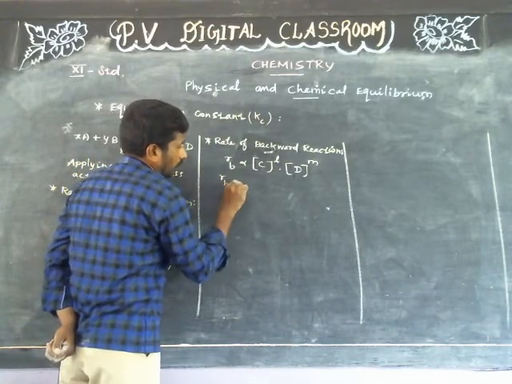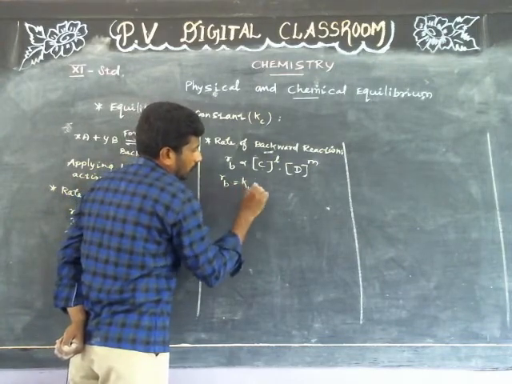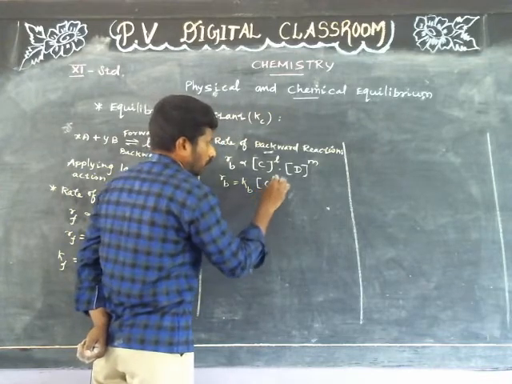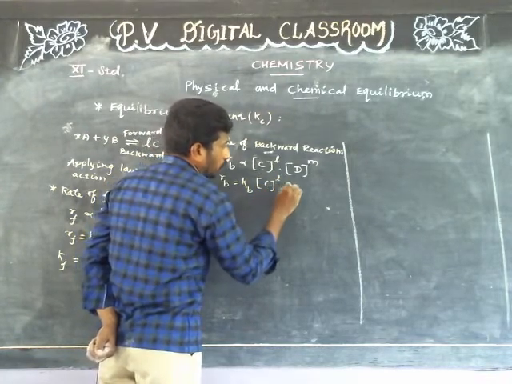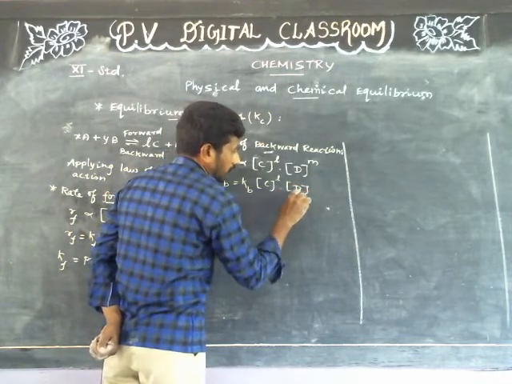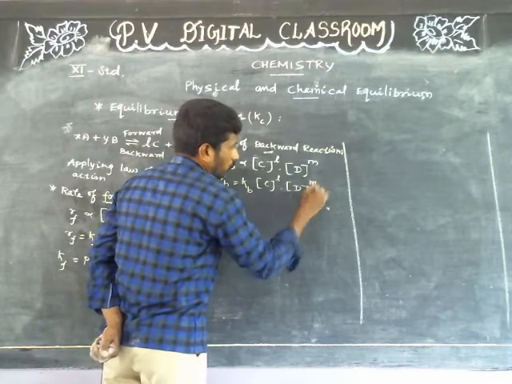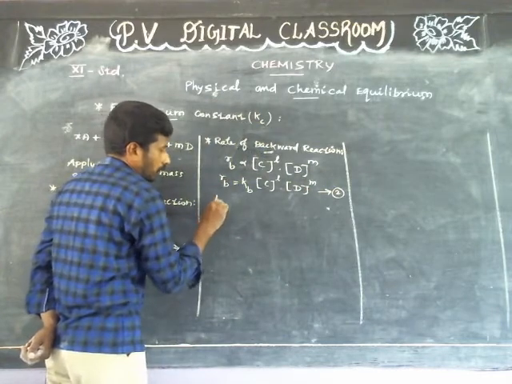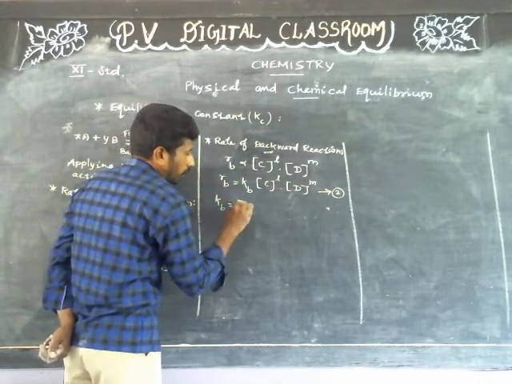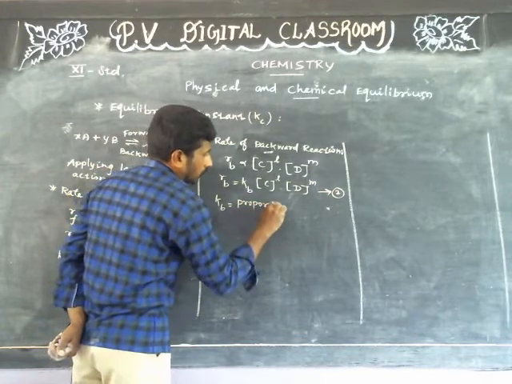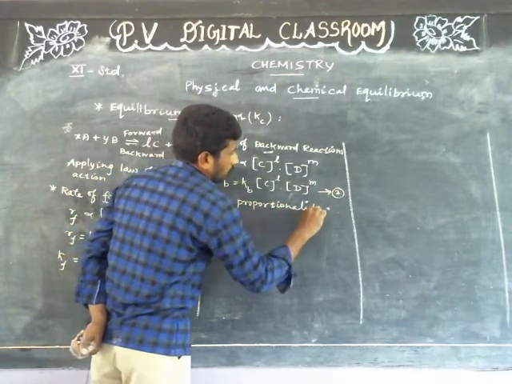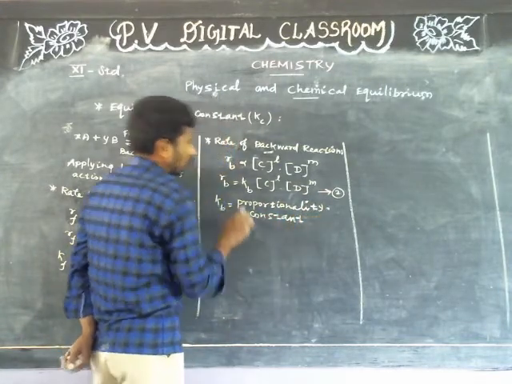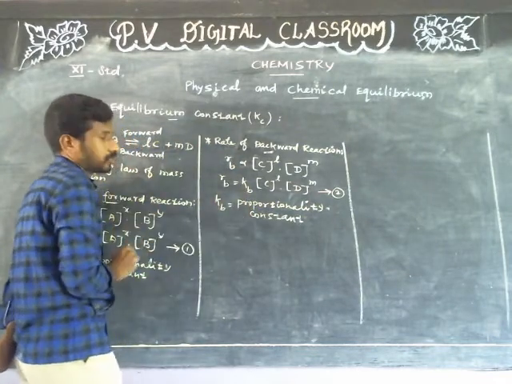Therefore, Rb is equal to Kb into active mass of the reactant C with stoichiometric coefficient L into active mass of the reactant D with stoichiometric coefficient M. This is equation number 2, where Kb is the proportionality constant or rate constant of the backward reaction.